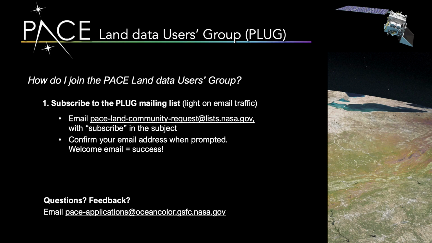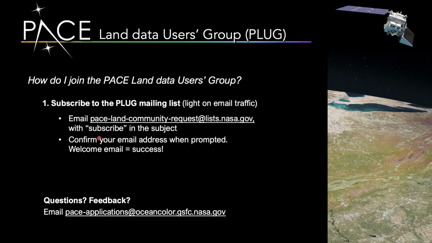The main way to consider yourself a member is to subscribe to our mailing list. This is what's going to unite us all in knowing when the meetings start, knowing the date of the meetings, and getting the content of the meetings decided. You just send an email to join to the email shown here, PACE Land Community Request at lists.nasa.gov, and make sure you put subscribe in the subject.